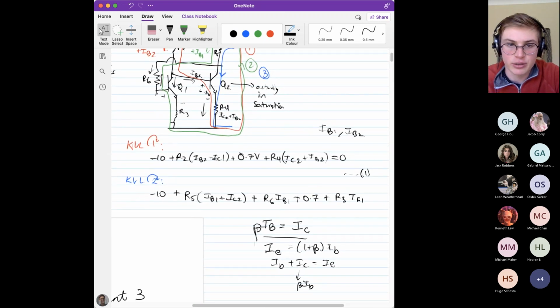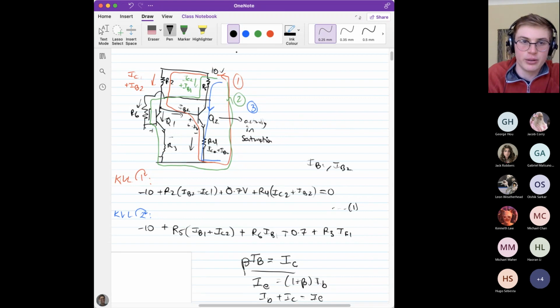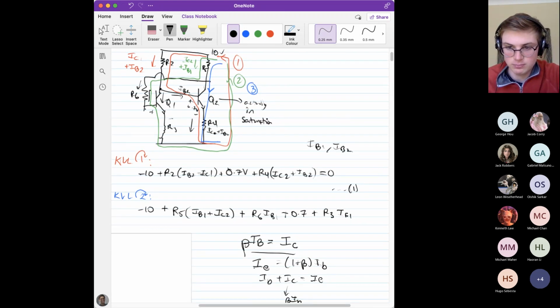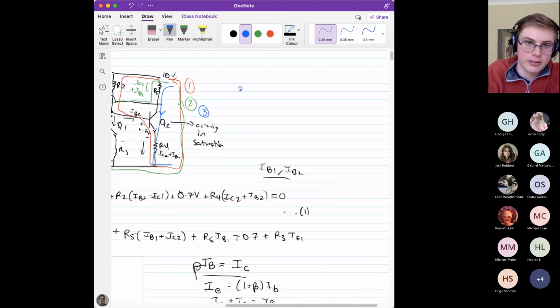So it would be fine to go through and do this. Just a little wrinkle though: with just these two equations, if you were to solve for these base currents, it would put Q2 into saturation, not forward active. So then we would have to actually have our third.